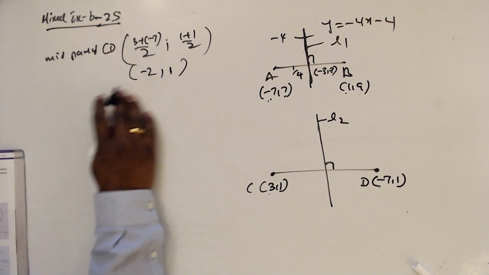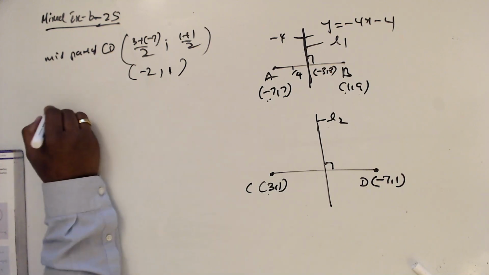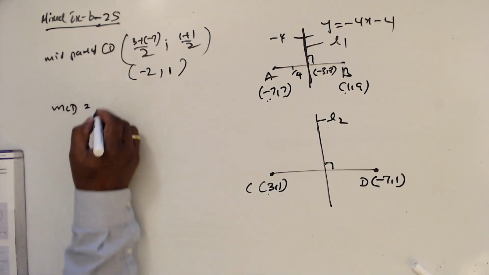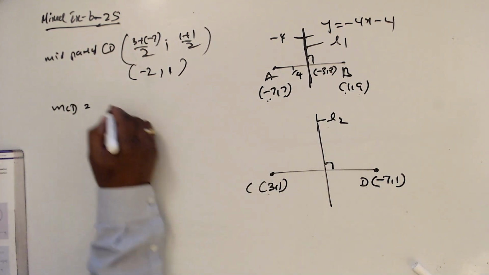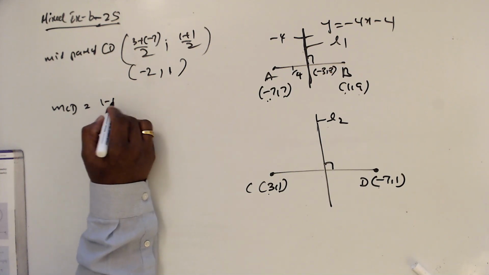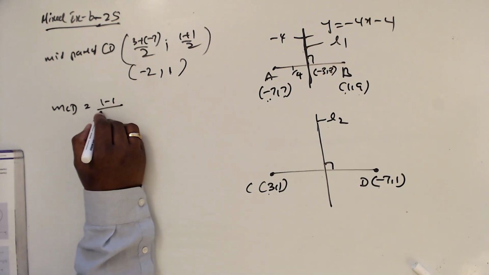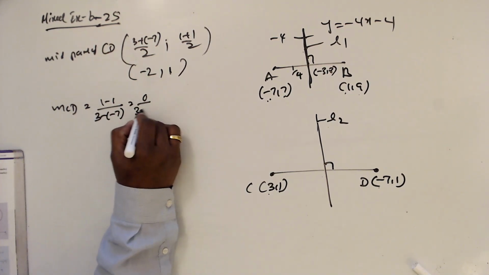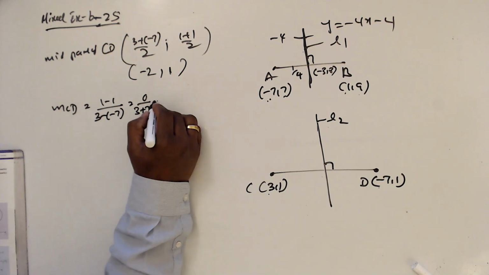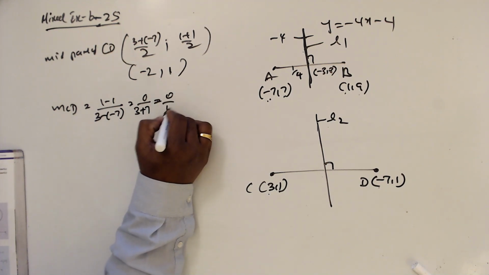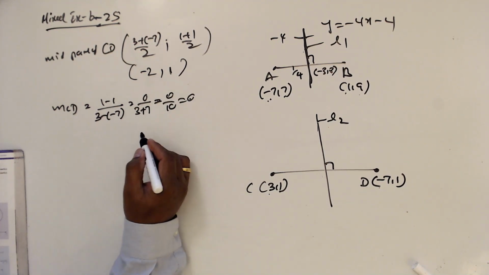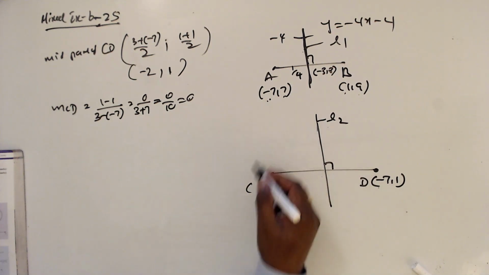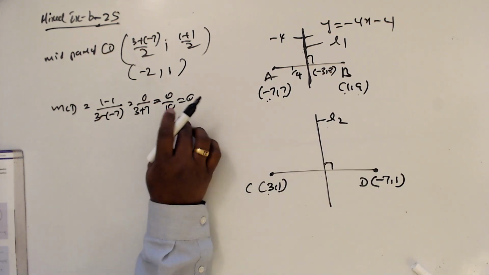So this is minus 2, 1. Now find the gradient. m_CD equals y1 minus y2 divided by x1 minus x2. So 0 over 3 plus 7, 0 over 10 is 0. So the gradient becomes 0.